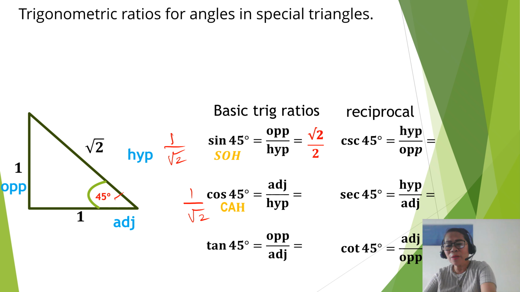So cosine of 45 is still square root of 2 over 2. What about the tangent of 45? Opposite, what is the opposite of the 45 degrees? It's 1. And what is our adjacent? 1. So tangent of 45 is equal to 1.